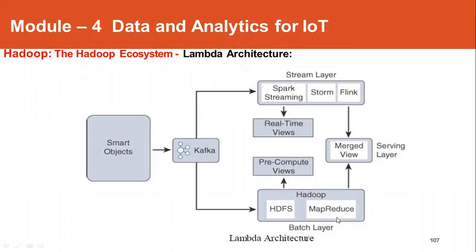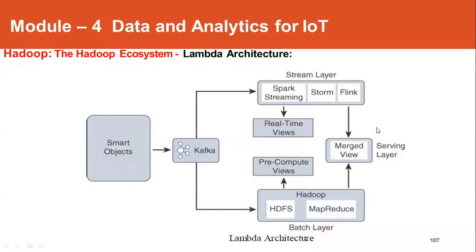Then we have the serving layer. The serving layer is a data store and a mediator that decides which of the ingest layers to query based on the expected result from the user. So the serving layer will service the user and get the data from either the batch layer or the streaming layer, depending on the data request that is being raised.